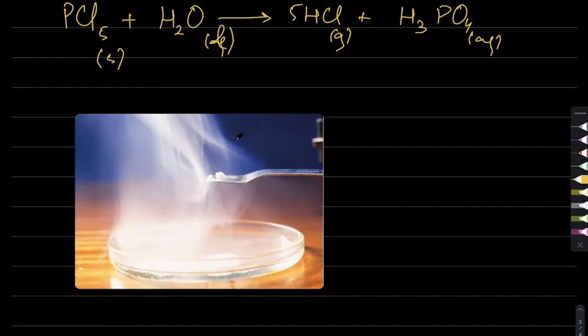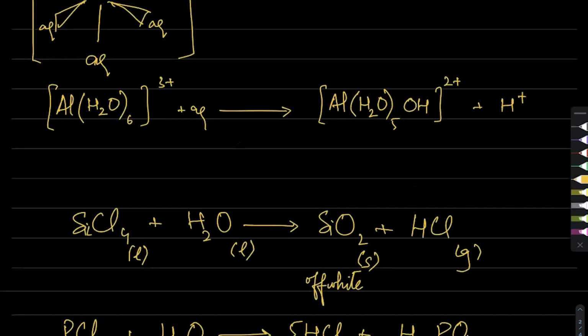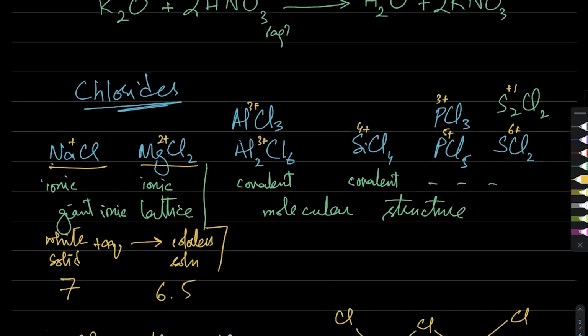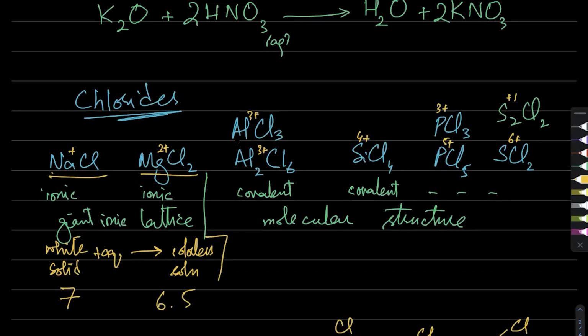Okay, so here's the thing. Just to summarize: sodium chloride, neutral. When it's added to water, it just dissolves, no reaction. Magnesium chloride dissolves in water, slight reaction, makes H positive. That is a hint that this is becoming acidic. Aluminium trichloride exists in water, breaks down, forms complex, which further breaks down, gives H positive ion, acidic.